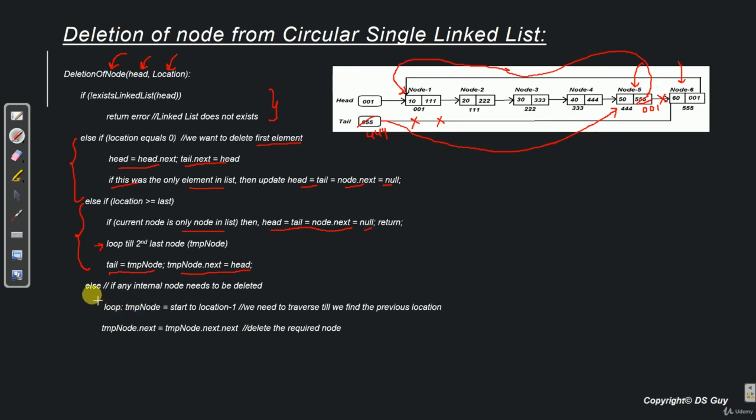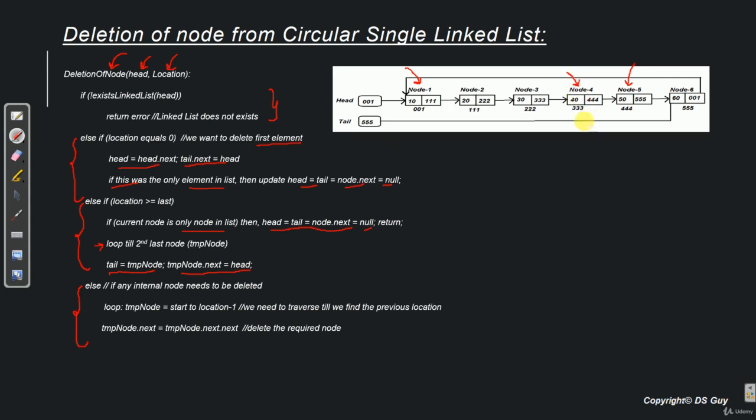Now let's say we want to delete any other node apart from the first and last. In that case, again the steps are very simple. Let's say we want to delete node 5. We start from node 1, keep traversing towards right, and stop at exactly the previous node, which is node 4.